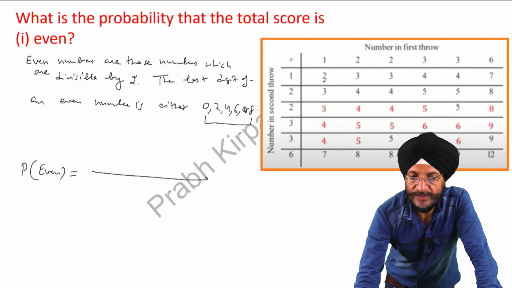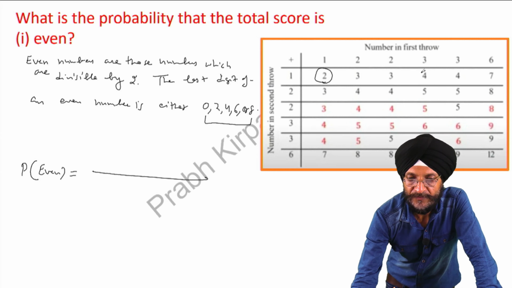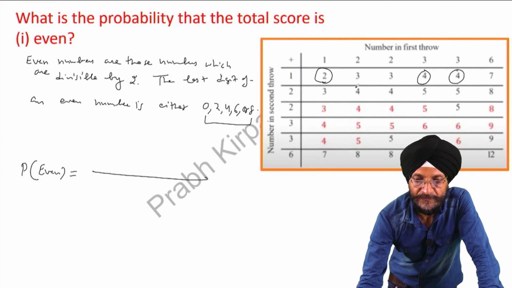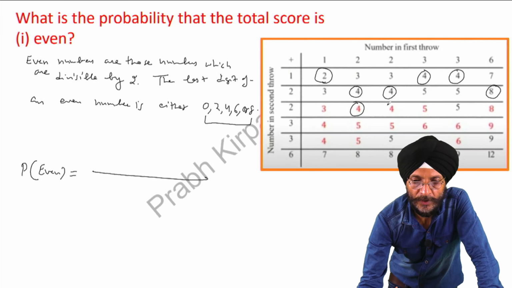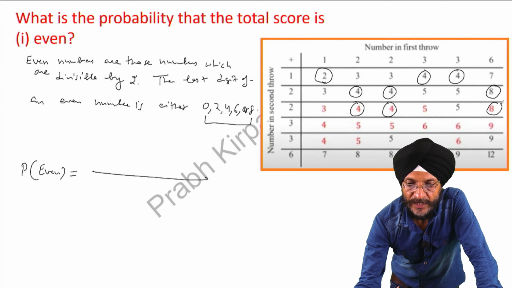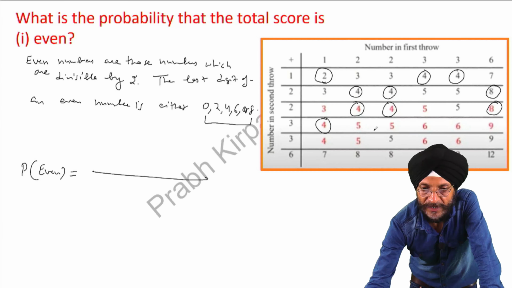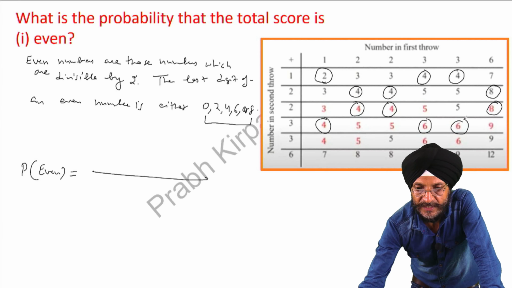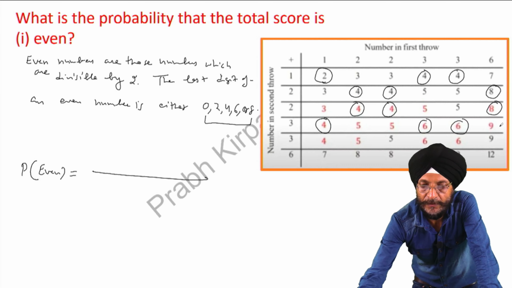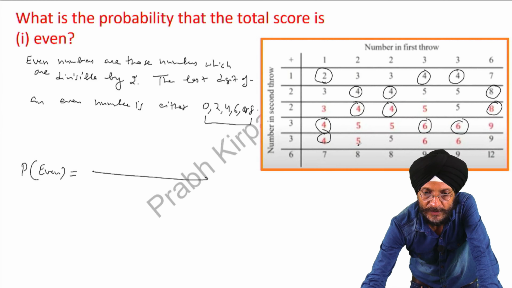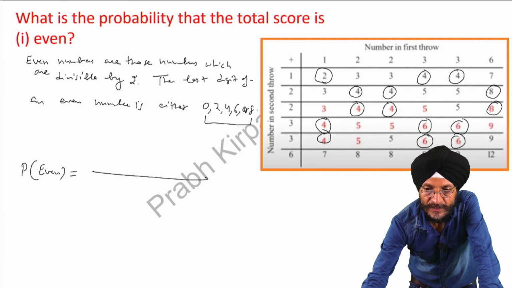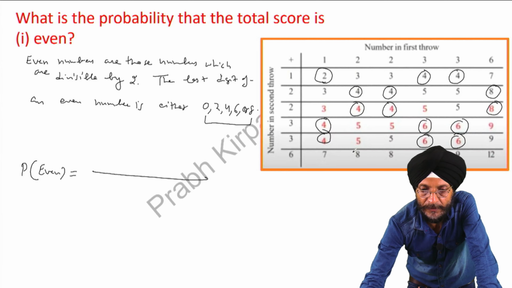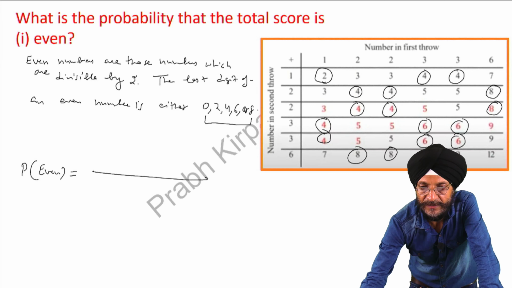We will find out the even numbers: 2, 4, 4, 4, 4, 8, 4, 4, 8, 4, 5, 5, 6, 6, 9 is not an even number. 4, 5, 5 not an even number. 6, 6, 9 not, 7 is not an even number, 8, 8 and 12.